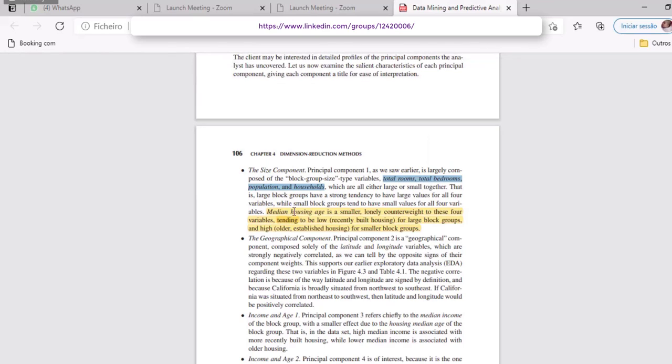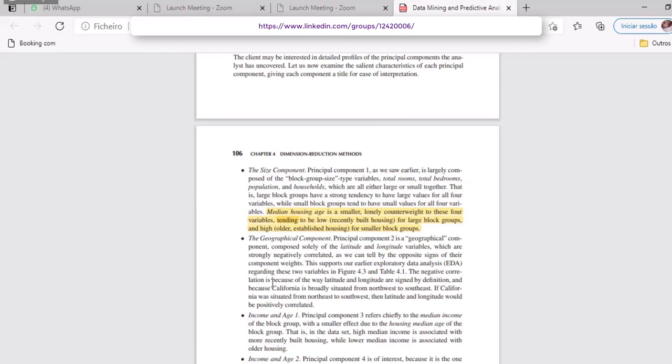And at this point, we say that it includes median housing age as a counterweight, a small part that counts negatively for this component. So far, we are still including this effect on this component.